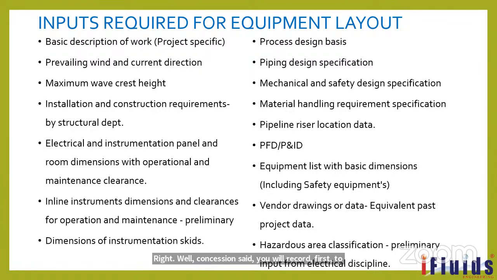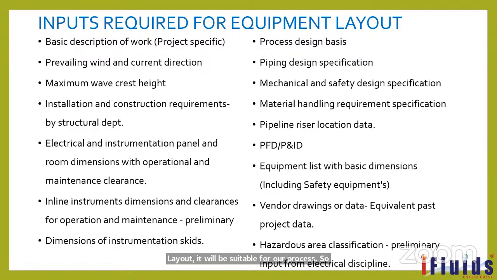In the equipment layout, at least we need the GA drawing of the individual equipment. So how long it will be, how much height it will be, how much diameter it will be. Based on that, we will locate the equipment inside the available space. We will see which is the optimized layout that will be suitable for our process unit.